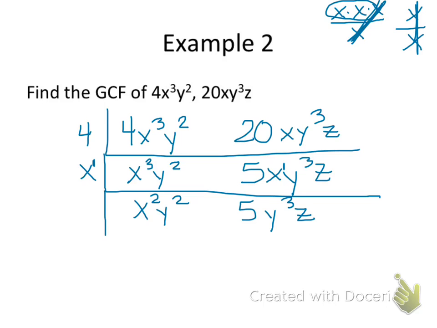Now my common factors are y. I have 2 y's here and 3 y's here. What's the most that I can divide by? The 2, right? If I divide by y squared, I would be left with x squared.